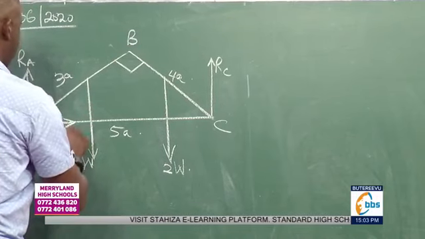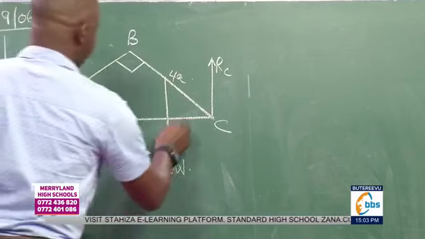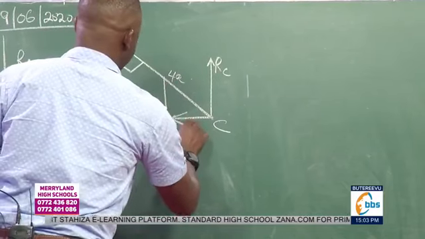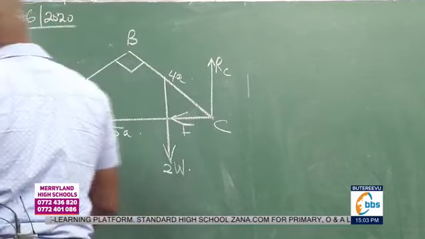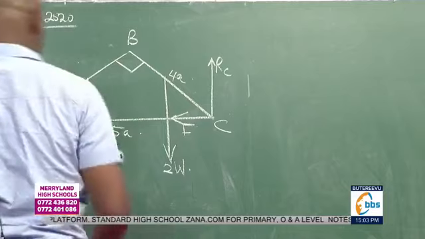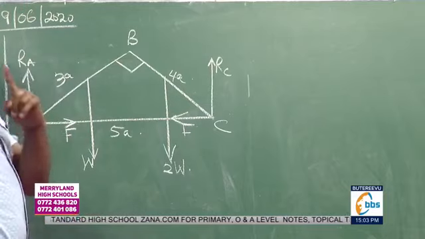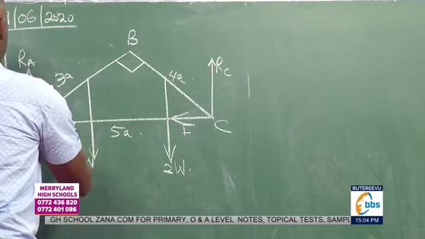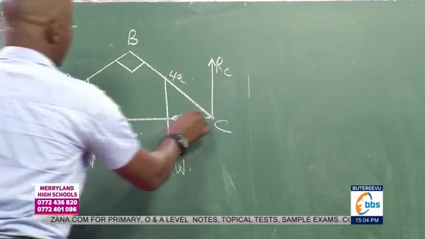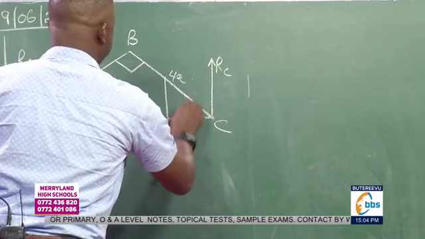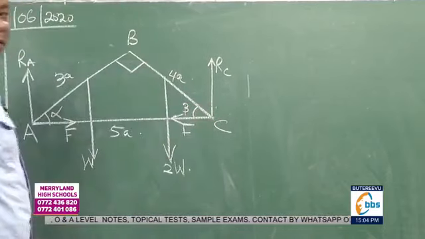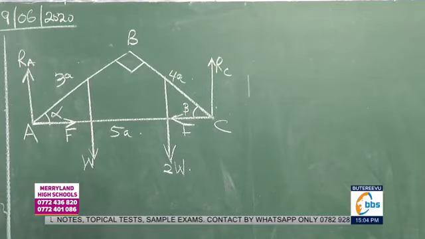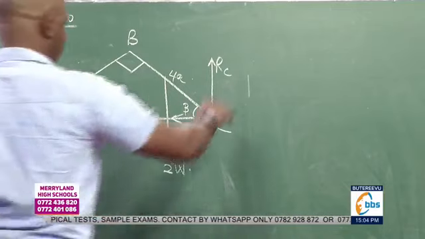We shall let a force act here and a force act here. This force will later be looked at as the frictional force. I will go ahead to introduce angles. I will call this angle alpha and this angle beta. So that is our sketch diagram now.